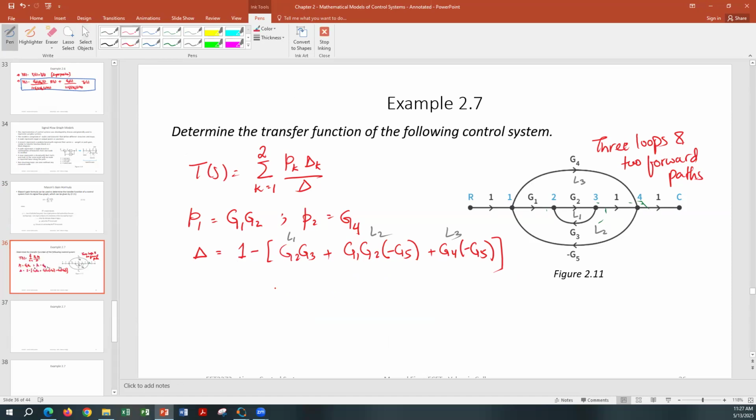So we're going to put plus L1 times L3. L1 is G2 times G3, and L3 is G4 times negative G5.